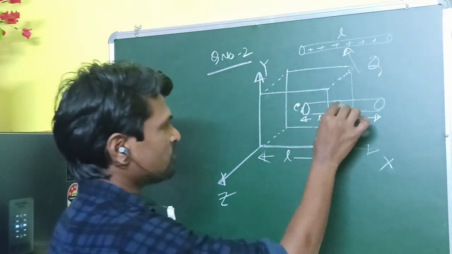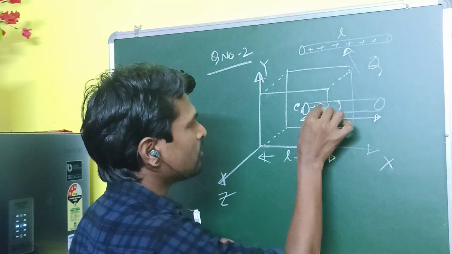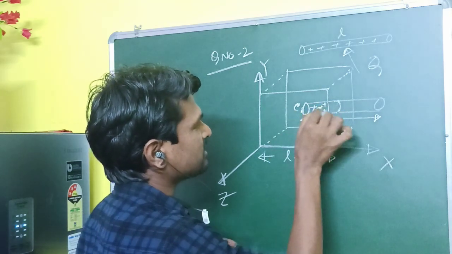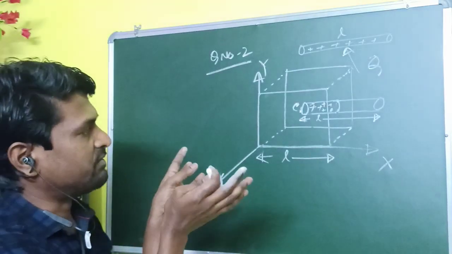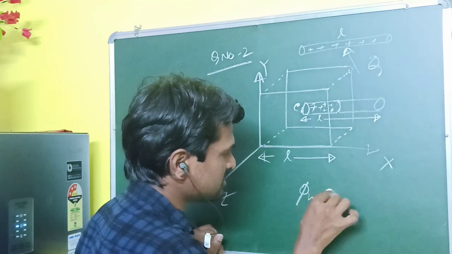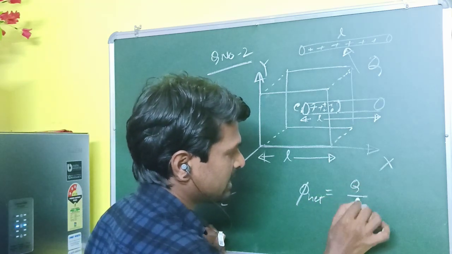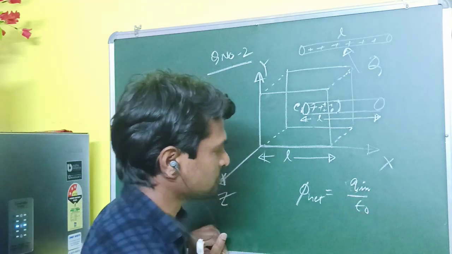First of all, you have to think how much charge is confined within that hypothetical surface, because Gauss's theorem states that net flux is equal to Q inside by epsilon naught.